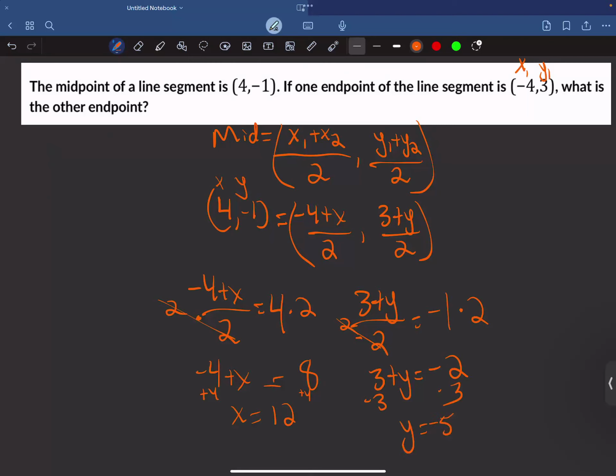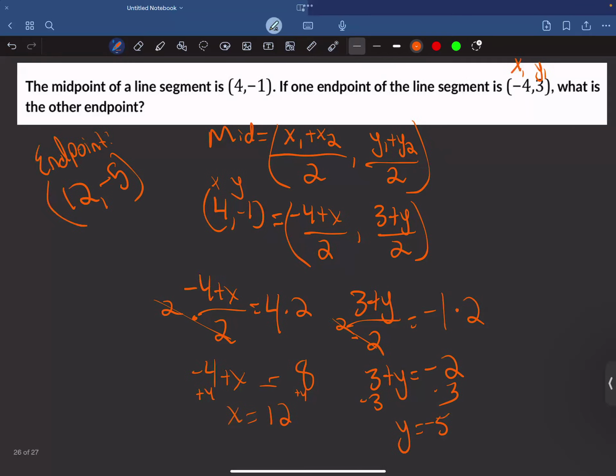All right, so your endpoint, you've now found it. 12, -5. And that is how you'd approach midpoint problems, slope problems, and distance formula related math problems.